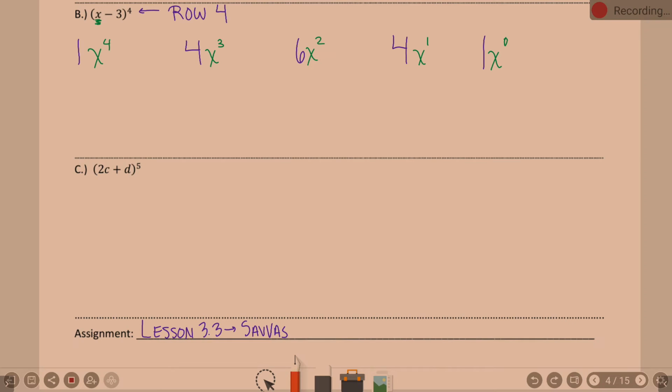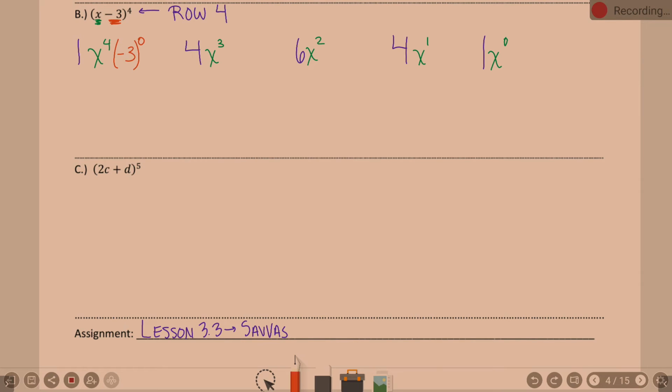There's something different about this one, isn't there? What is my B value? -3. You need to consider this a -3. This is where we take into effect that this is a minus in this problem. We take that negative with the 3 and think of it as a -3. Okay, so in this first spot, this is going to be -3 to the, not 4th? 0.